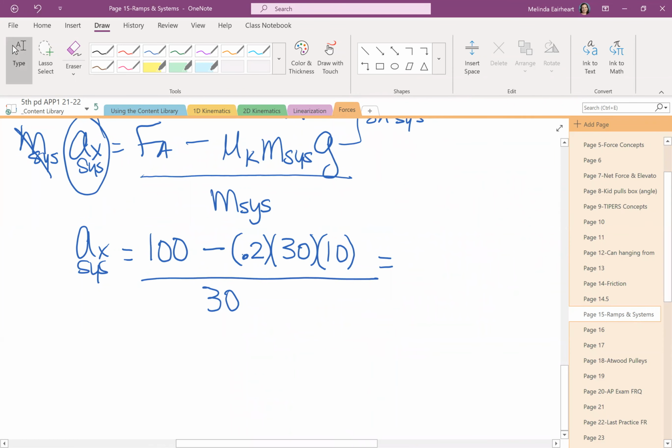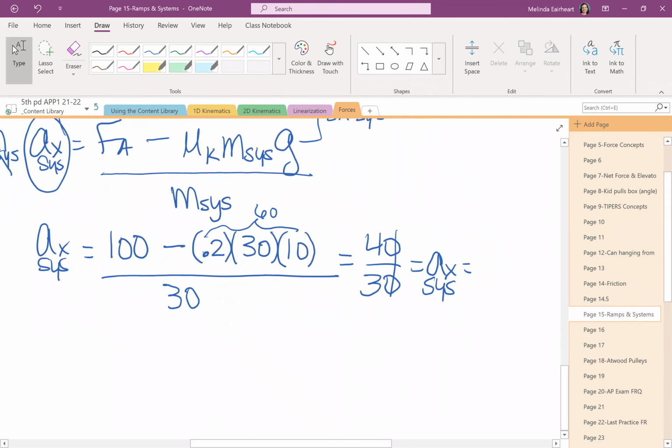And so 10 times 30 is 300. 0.2 times 300 is, or 1/5 of 300? 60. And so this would all be 60. 100 minus 60 would be 40 over 30. What's our acceleration of the system in the horizontal direction? 1.33.